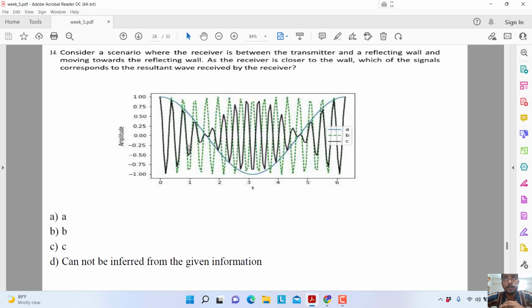Just comment which of the signals corresponds to the resultant wave received by the receiver. So guys, please comment your answer.